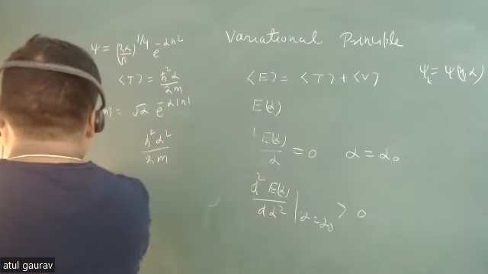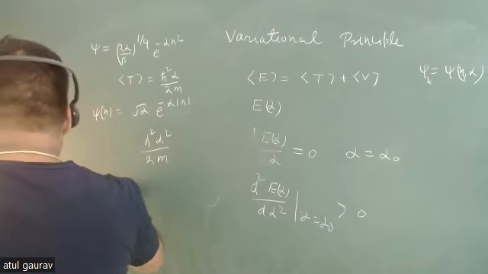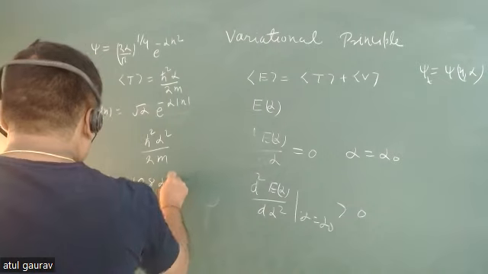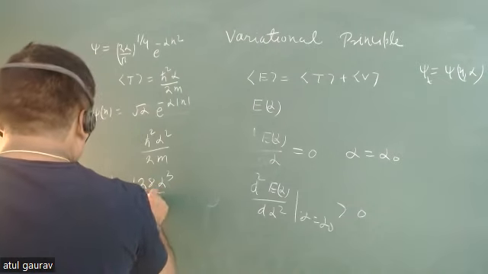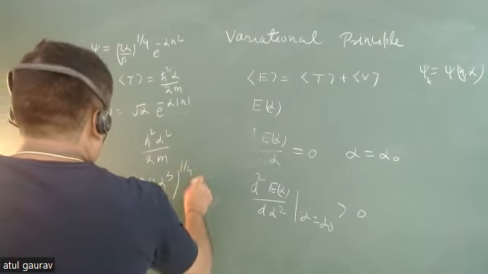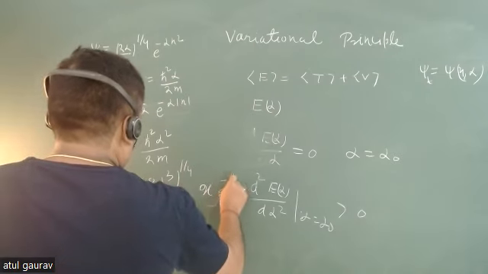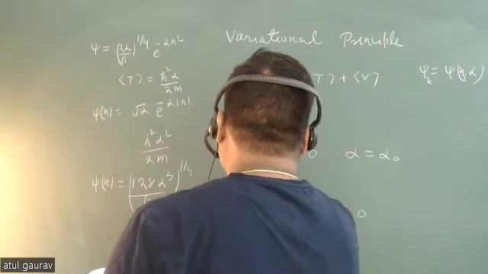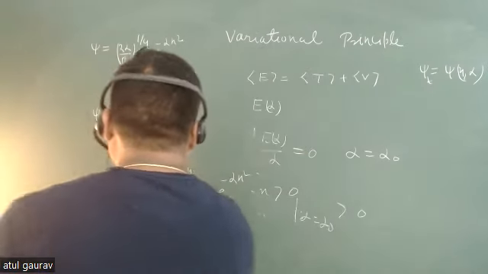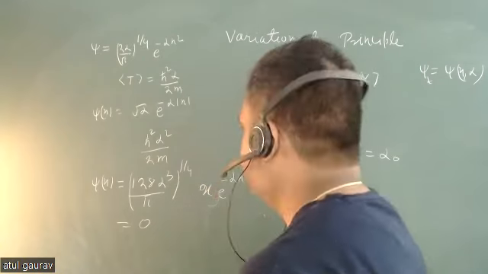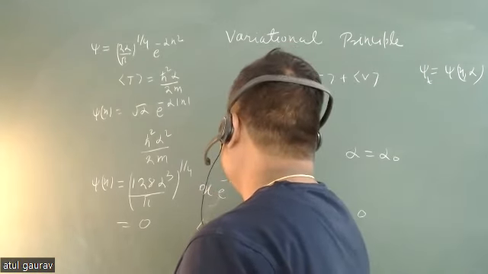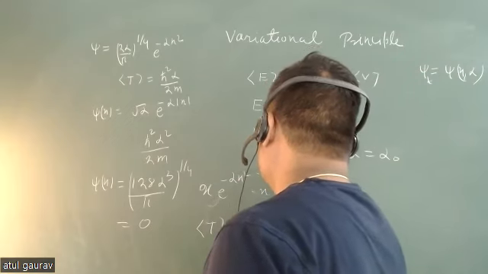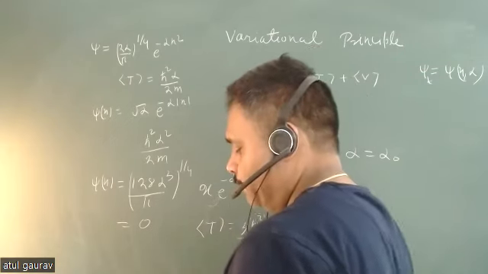And suppose your psi(x) is something like (128 alpha cube upon pi) to the power 1 by 4 times x e to the power minus alpha x square, for x greater than 0, and 0 otherwise. What is the average of kinetic energy? 3 ħ square alpha upon 2m.